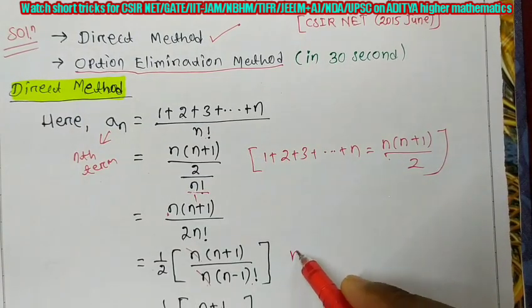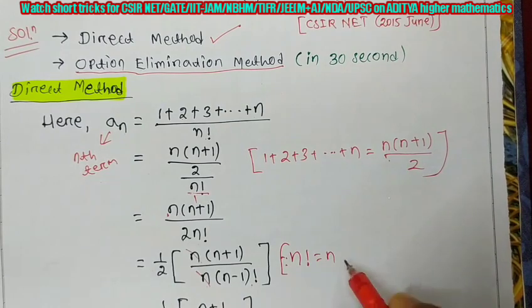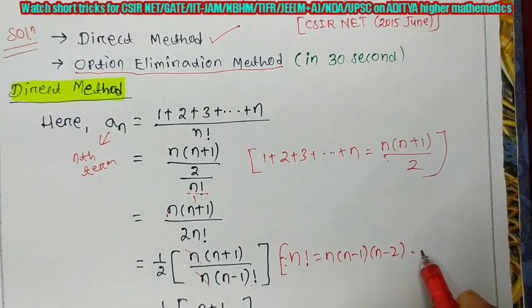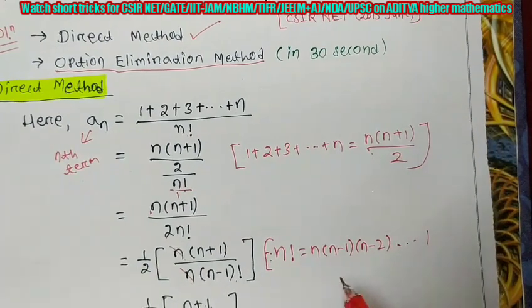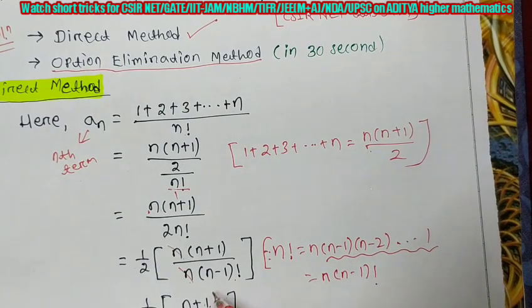You can see n factorial means n into n minus 1 into n minus 2 up to 1. So I write n only, and n minus 1 multiplication up to 1, you know, is n minus 1 factorial. So this one I am using here.